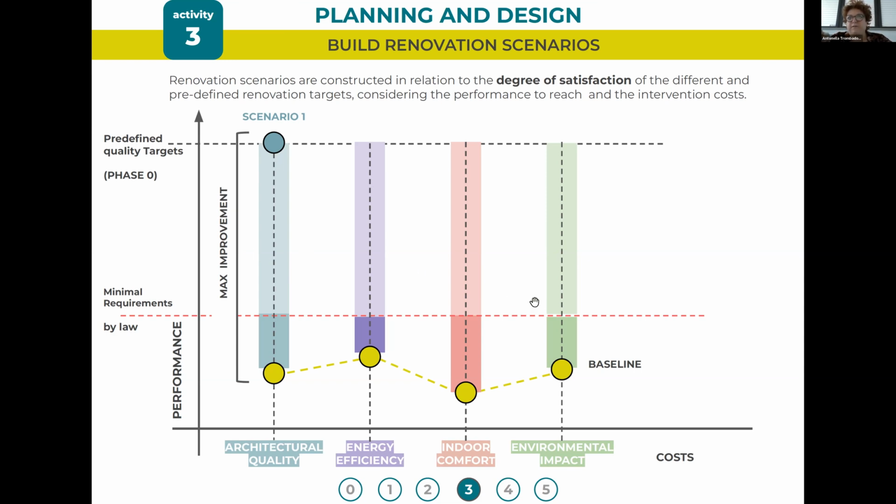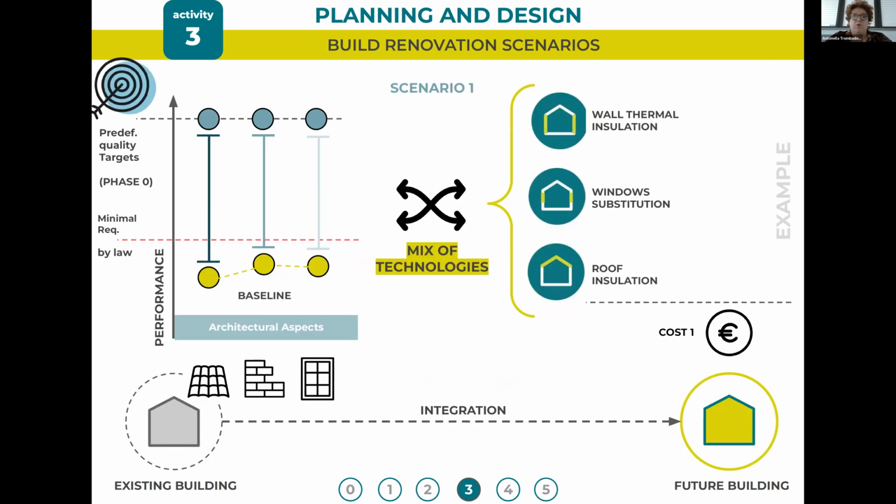Where we have 3, 4 or more different variables, and we can fix some elements and decide which is more important for us, which is the weight of the different drivers of the retrofitting action, and which is the level of improvement that we want to reach with our design process and retrofitting process. So we can create scenario number 1, investigating and selecting the mix of technology.